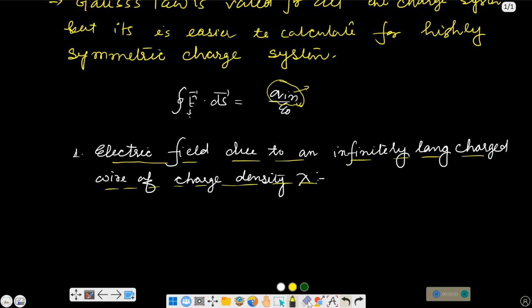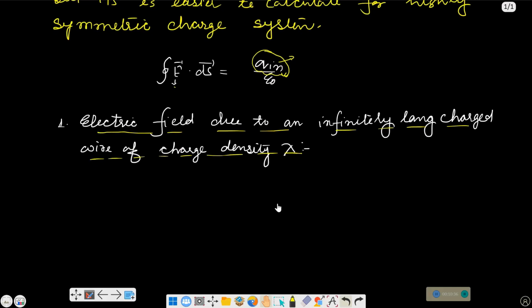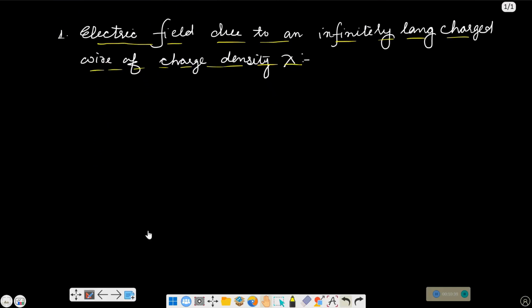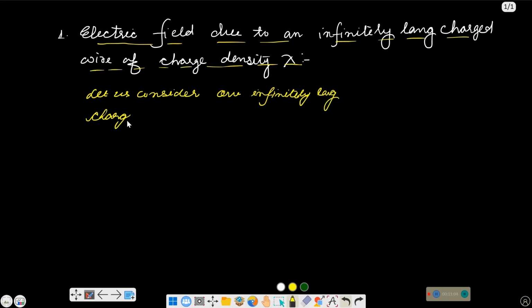For this, let us consider one infinitely long charged wire of charge density lambda.